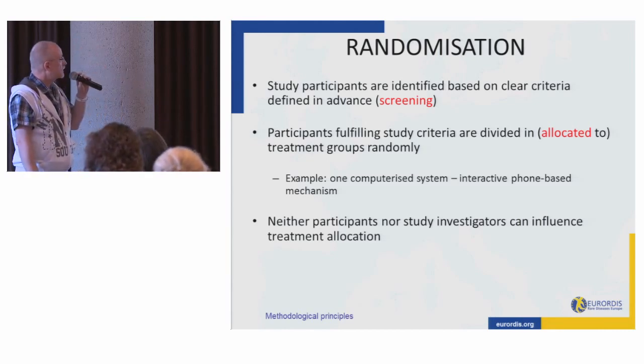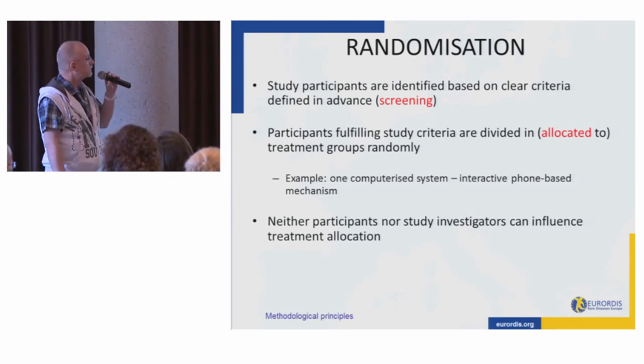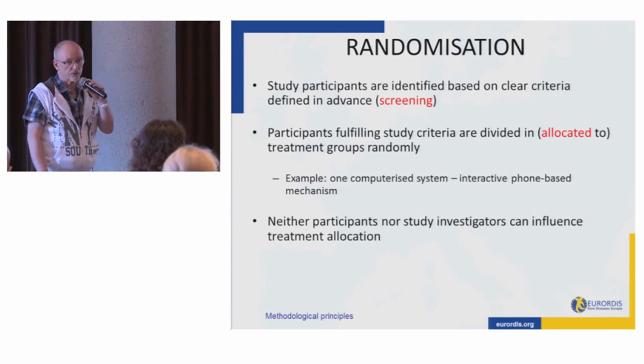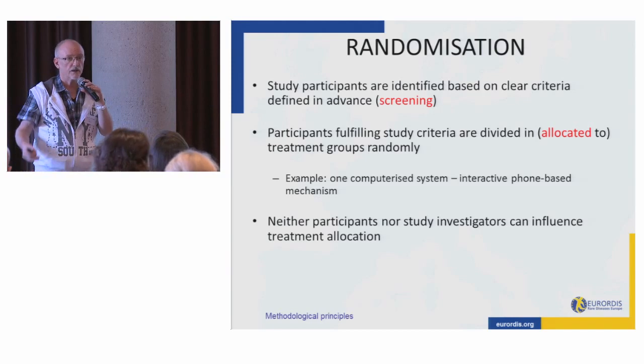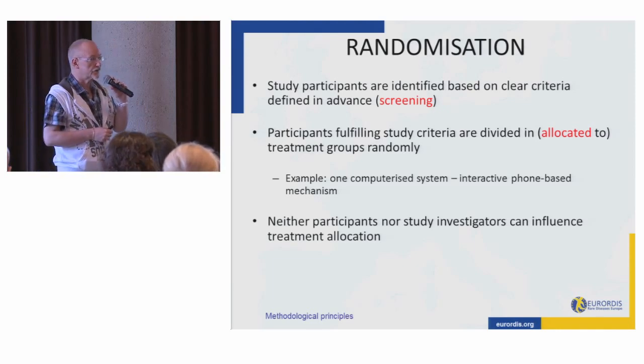Then, once you have participants selected, they are allocated to treatment groups randomly. Again, this is typical regulatory scientific jargon that you will see all the time in protocols, and it's important to understand what the words mean.